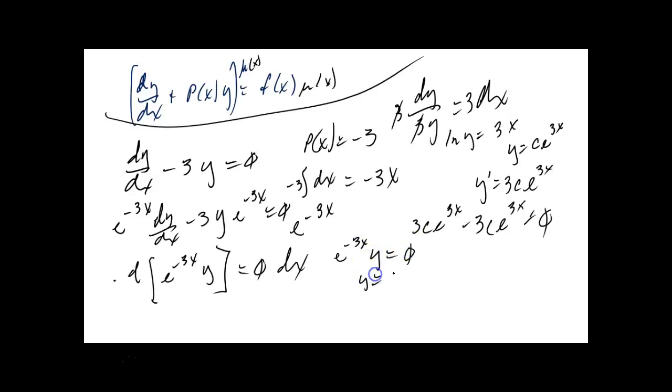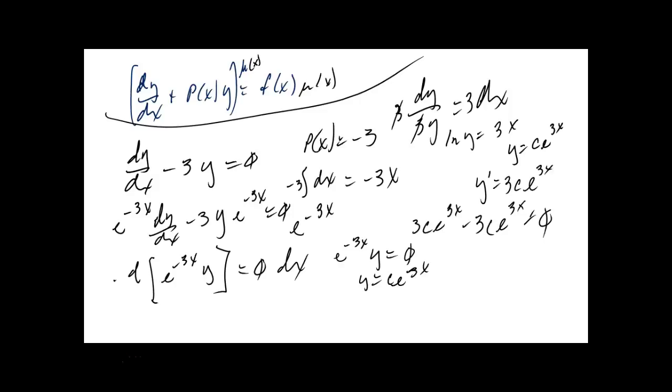So y is equal to e to the 3x. Now, I forgot my c's in there somewhere. Oh yeah, right here, when I integrated that, that gave me a c. And this one right here would have been a c, and then a c1.